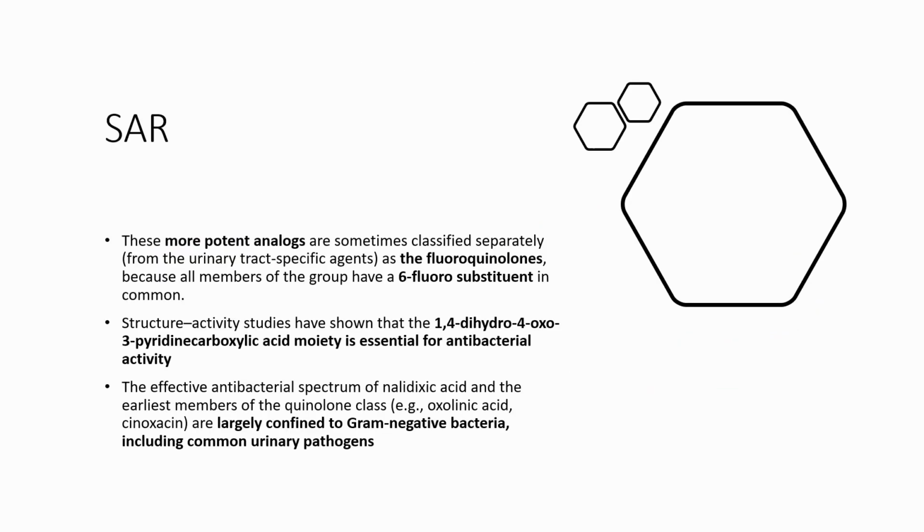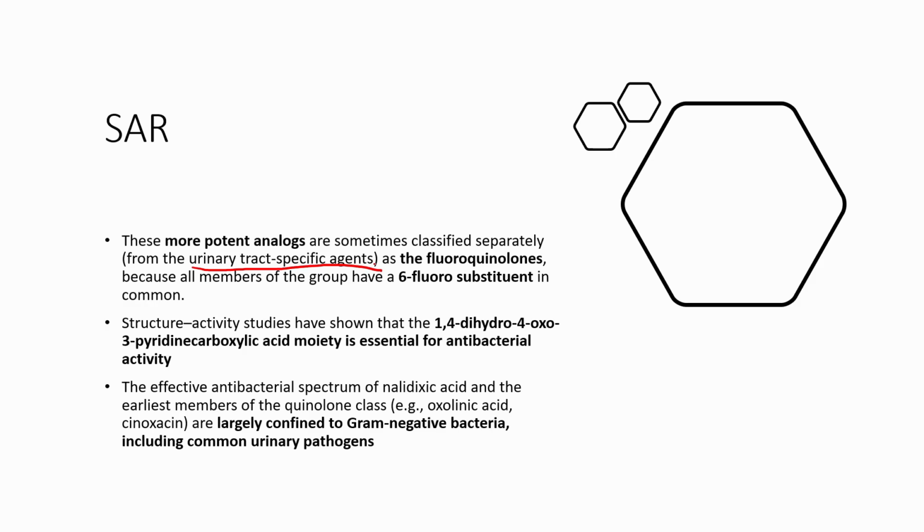So for our structure activity relationships, the more potent analogs are sometimes classified separately as our fluoroquinolones because all members have the 6-fluoro substituent. So our older drugs are only limited to urinary tract specific agents. Usually these are used for cystitis or for our urinary tract infections.